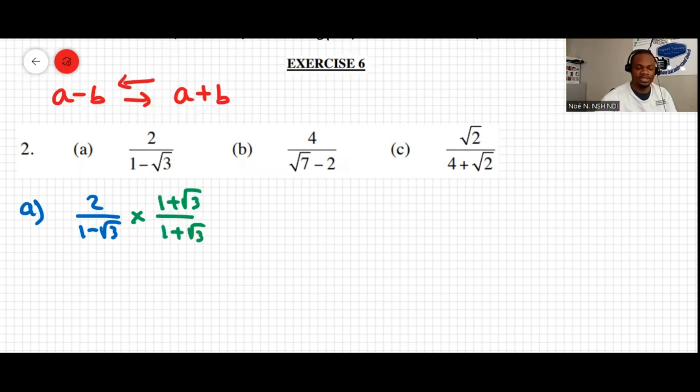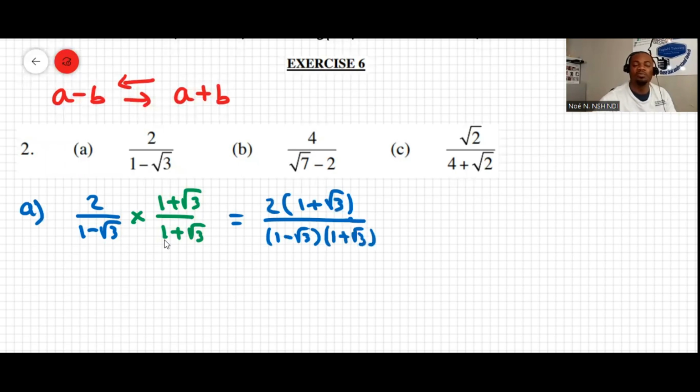Why is that? See what it's going to be. It's going to be 2 open bracket 1 plus root 3. And there at the denominator, this product, 1 minus root 3 multiplied by 1 plus root 3, is the difference of 2 squares, okay?